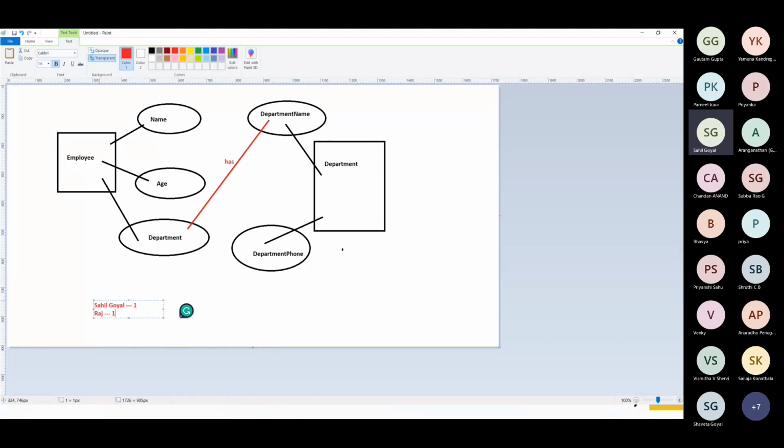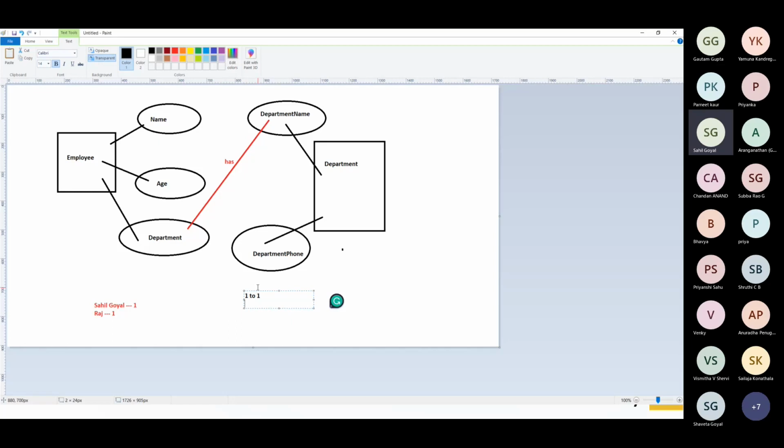So based on this data, when we define this relationship, we will say that yes, we can have a relationship between these two tables, but the cardinality, which is basically the relationship, is going to be one to one. That describes that one employee can only link to one department.